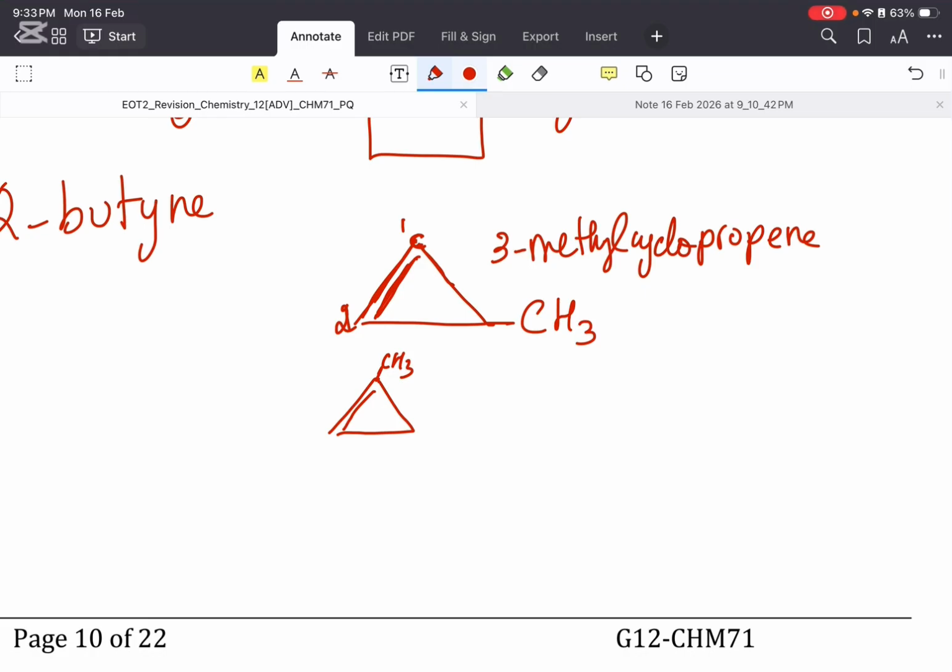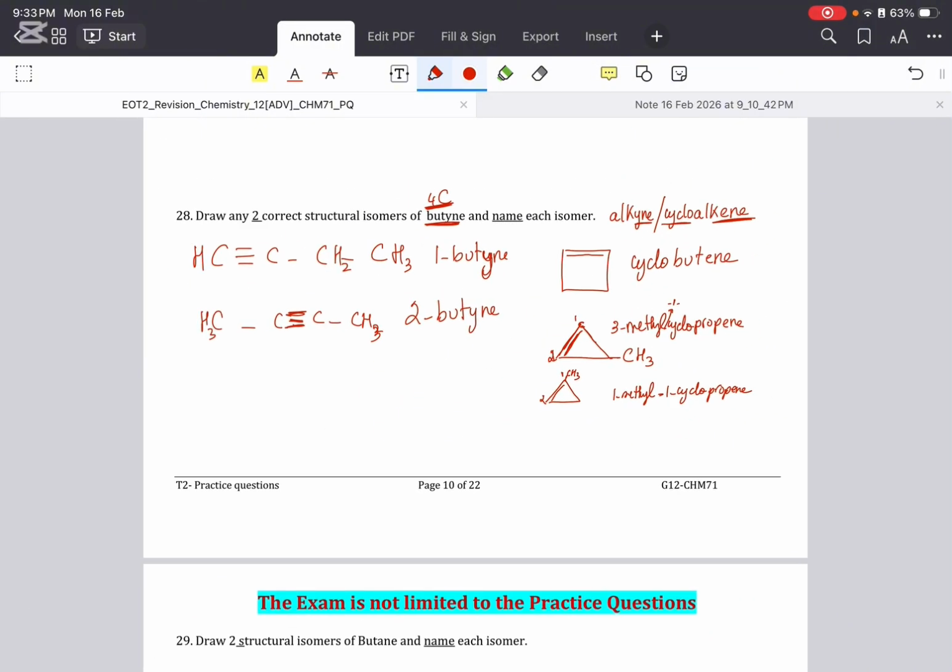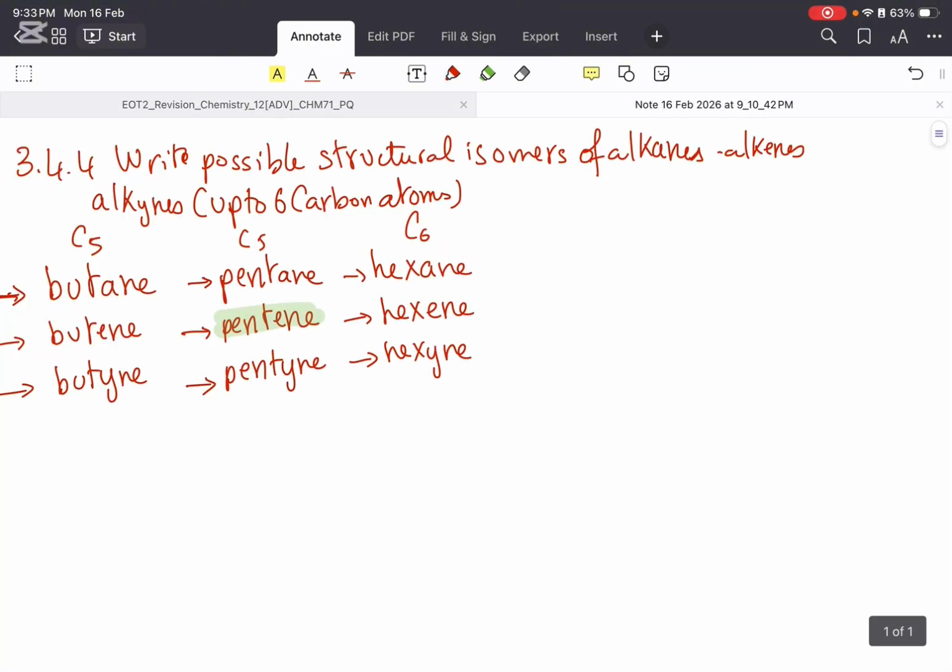And the methyl is on the third. So 3-methyl-1-cyclopropene. Or I can start counting from here and say 1-methyl-1-cyclopropene. Okay, so that's the butyne.